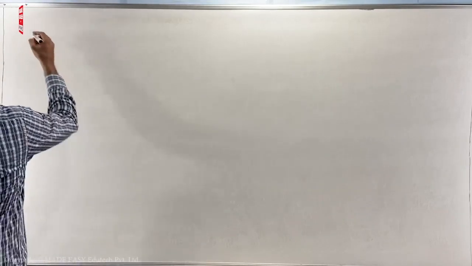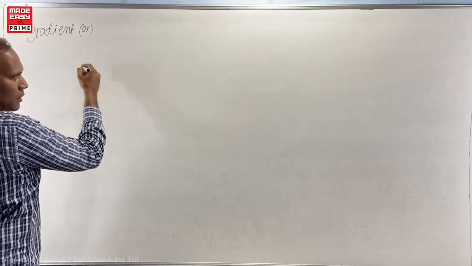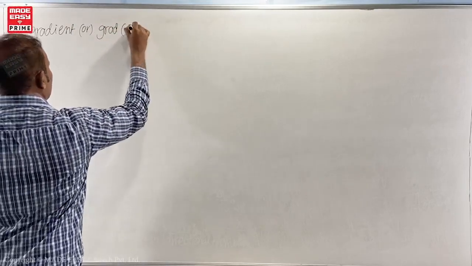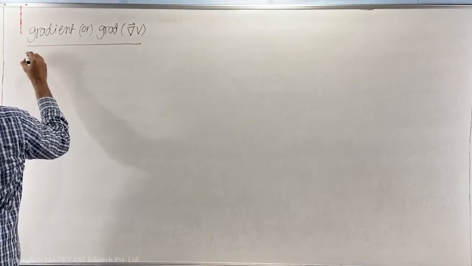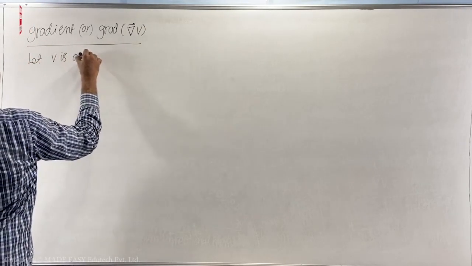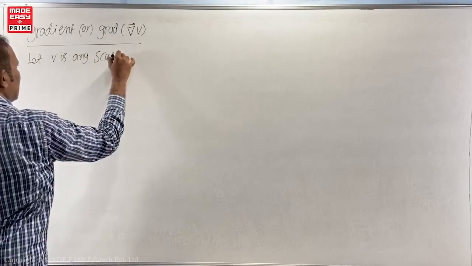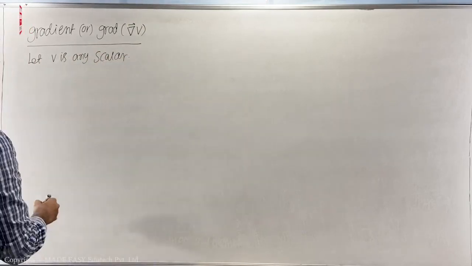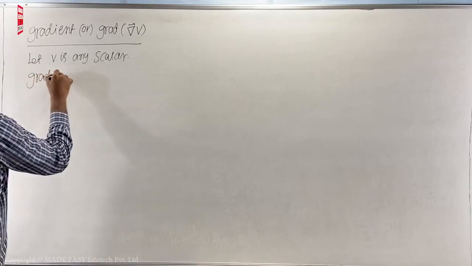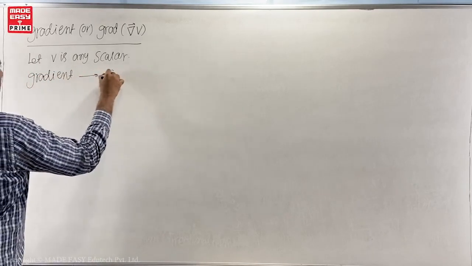Okay. So dear friends, now let us talk of gradient. Short name is grad. So symbol is this one. Let v be any scalar here. What is the meaning of gradient? I told you, meaning is slope.